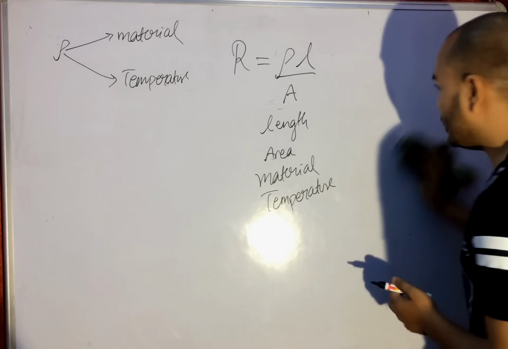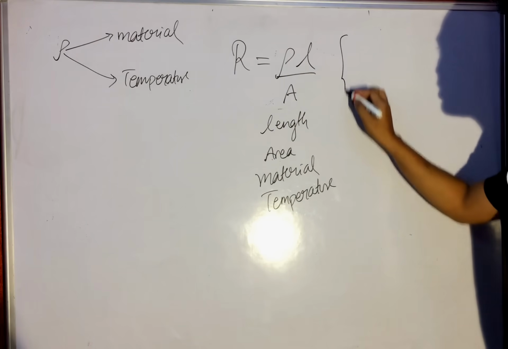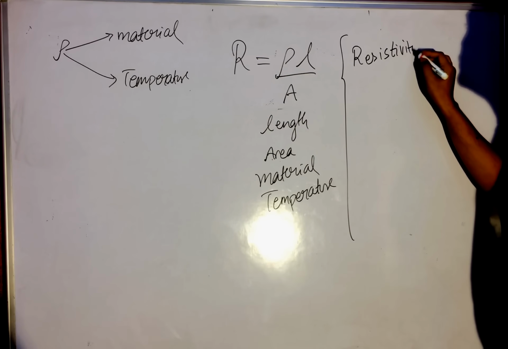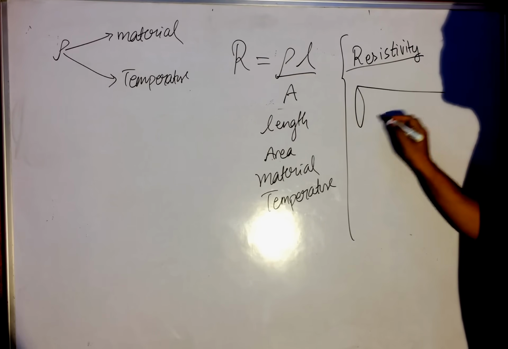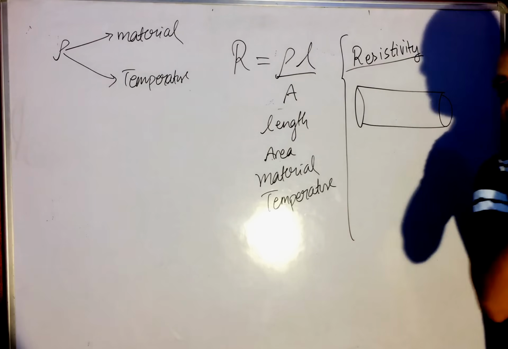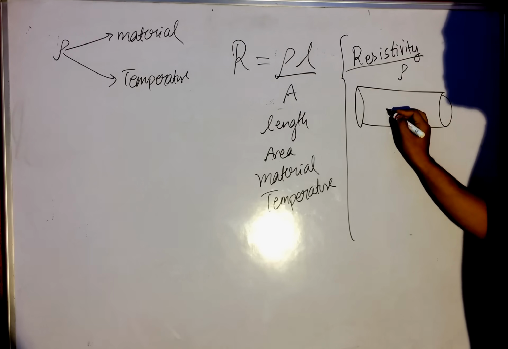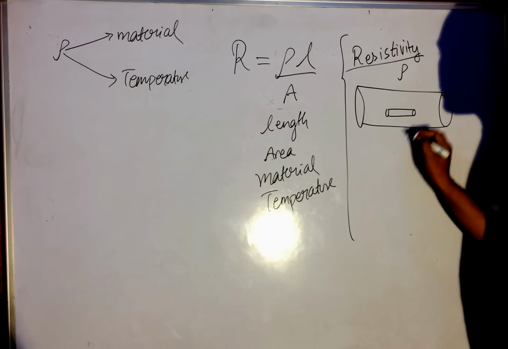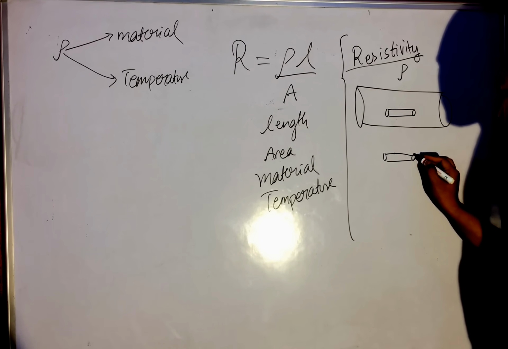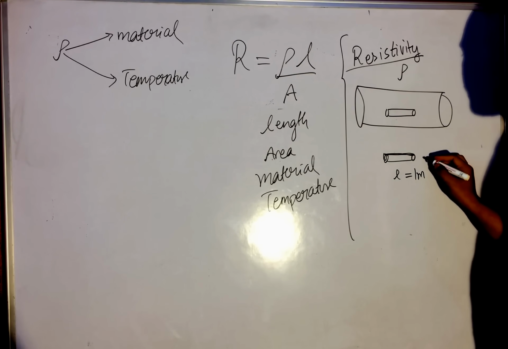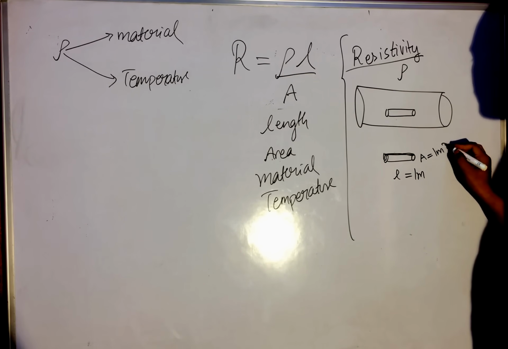What is resistivity? Let me give you the feel of resistivity. What exactly is resistivity? I took this wire and I asked you, what is the resistivity of this wire? If someone asks you what is resistivity, you cut a small wire from this, whose length is equal to 1 meter and whose area is equal to 1 meter square.